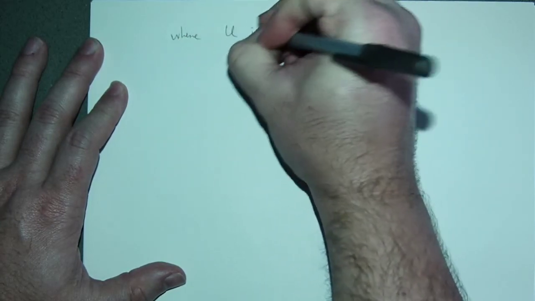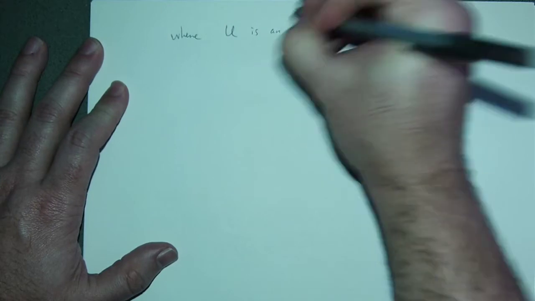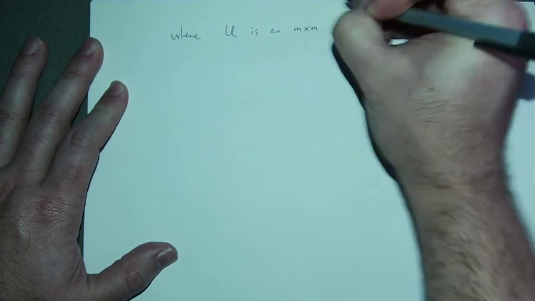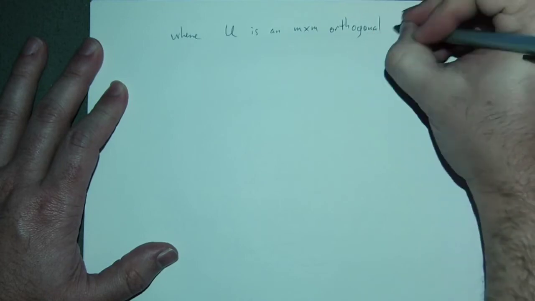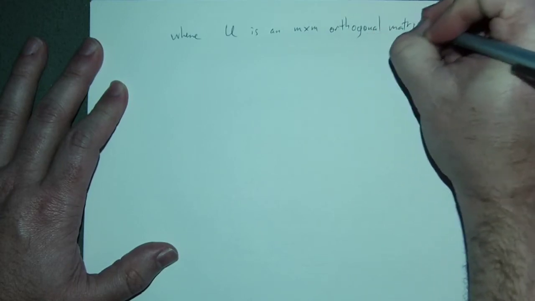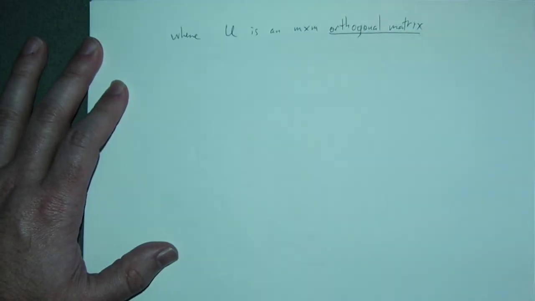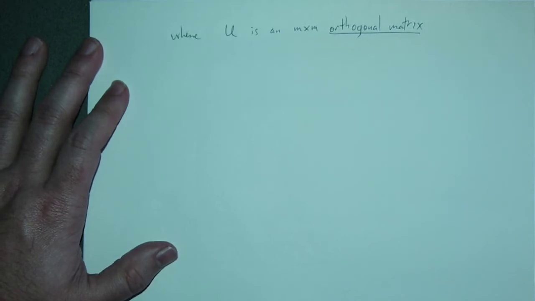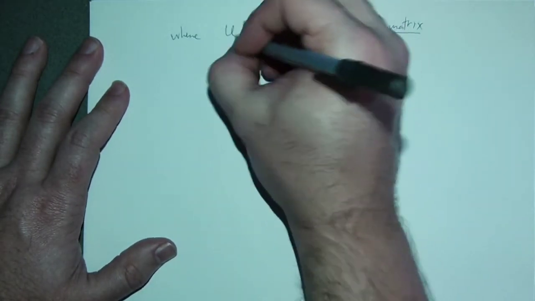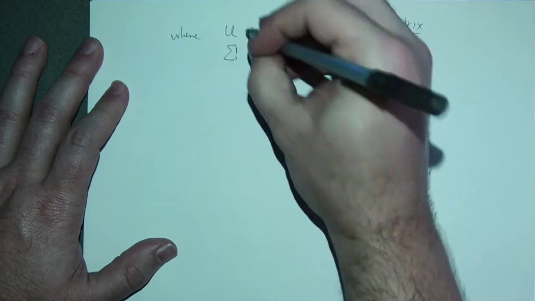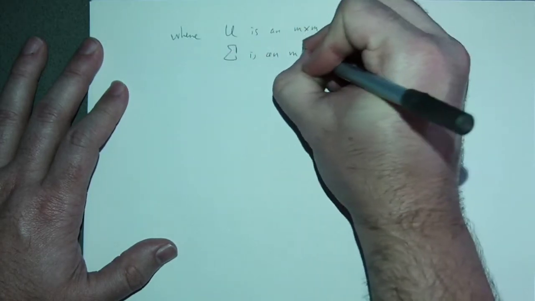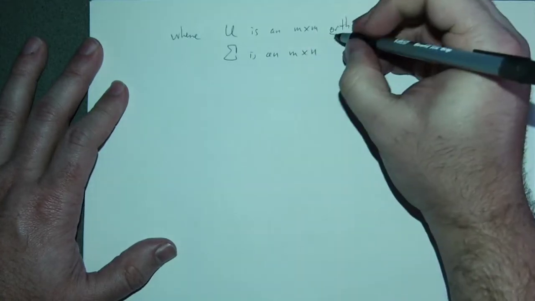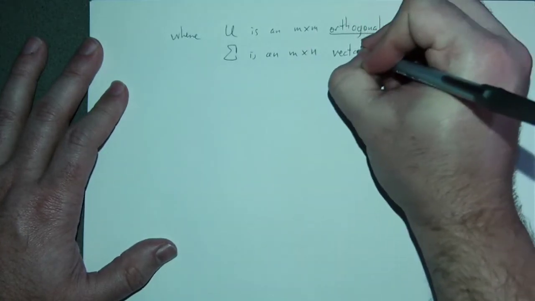where U is an M by M orthogonal matrix. Don't worry, I will refresh your memory on what this means. So U is an M by M orthogonal matrix. Sigma is an M by N rectangular diagonal matrix.